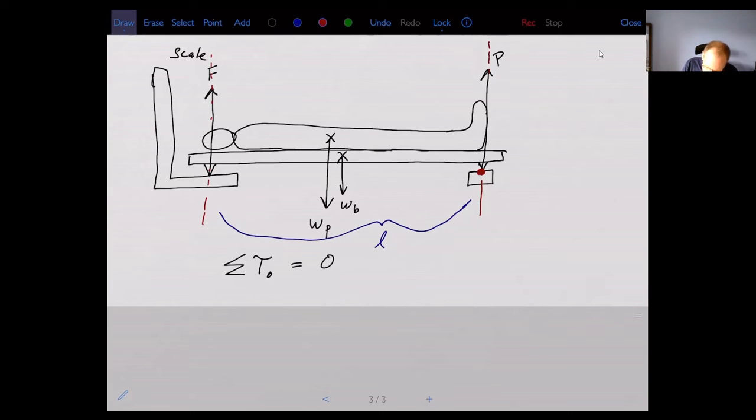Then the weight of the board, this is the line of action of that force. So the perpendicular distance is again going to be just from the weight of the board to the right knife edge. And that's basically half the length of the board. So that's going to be 1/2 L, or L over 2. And then finally, the weight of the person, this is the line of action of the force.